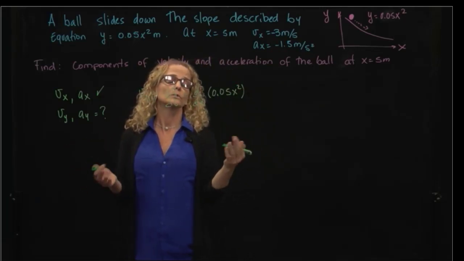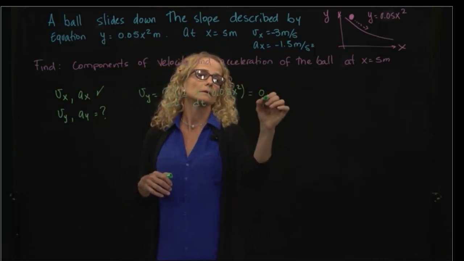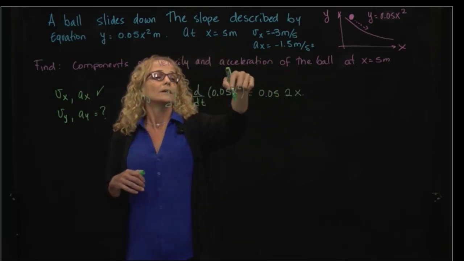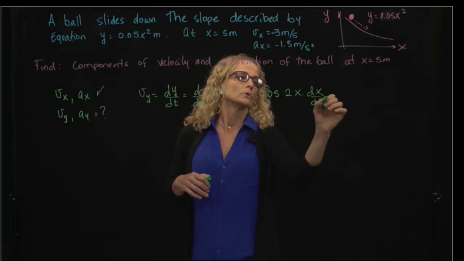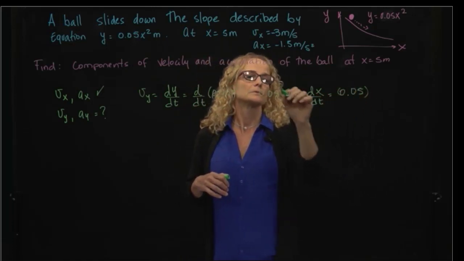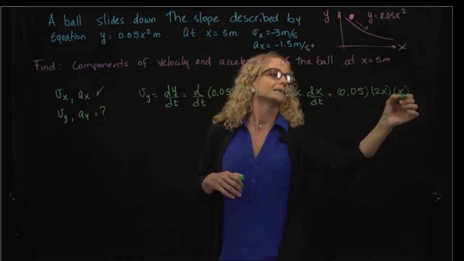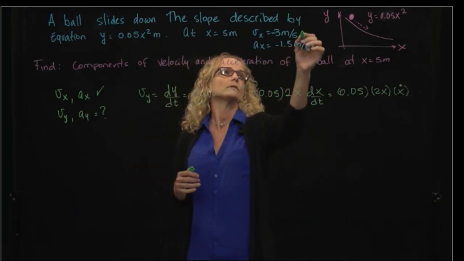So we will have to use our chain rule and say that 0.05 is a constant, and then we have 2x, and then we derive x with respect to time. So actually we can write 0.05 times 2x times x dot. And what is the x dot? Actually the velocity that we are given.